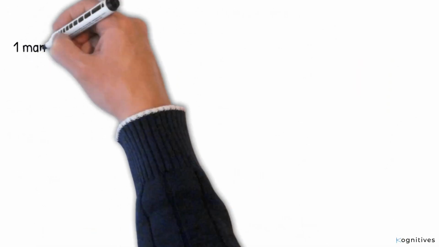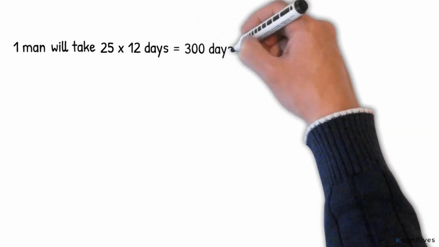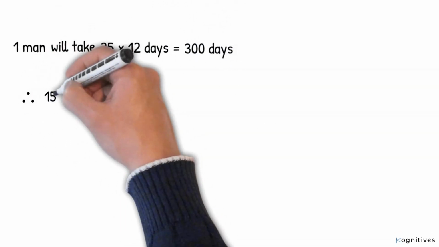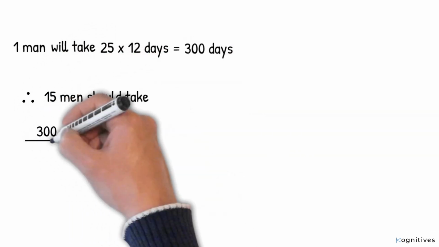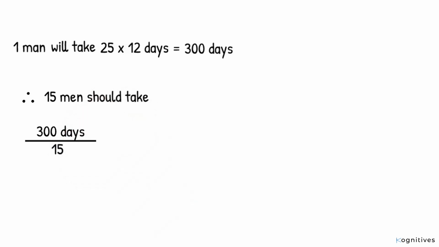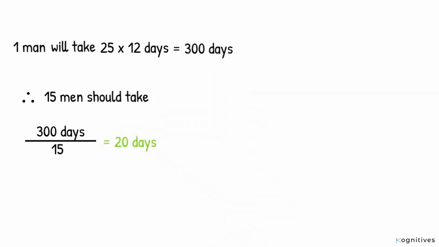Therefore, one man doing the work alone, it will take him 25 times 12 days, which is 300 days. So now 15 men should take 300 days over 15, which will give us 20 days. Now that is the solution to the question.